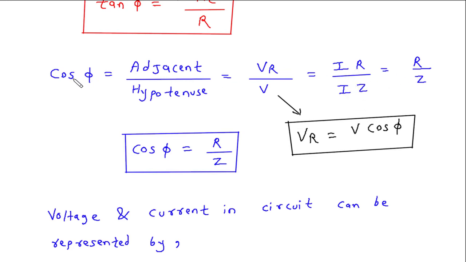So cos phi is equal to R by Z. Now from this also we can say that VR is equal to V into cos phi. This VR, the voltage drop across resistor R, is equal to V into cos phi.